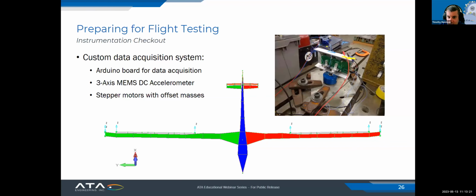And in this other picture, you can see that we were actually running the stepper motor. You see the mass at the bottom, and as it rotated, you would measure the force, and we'd be able to figure out the maximum force that the motors could impart to the aircraft. But this was just a really nice, clever way to do this type of work.